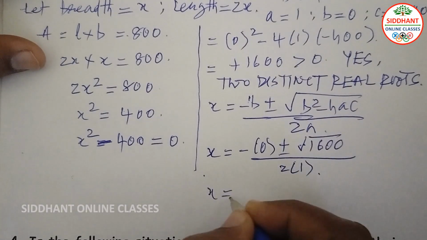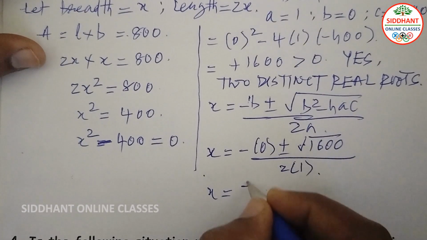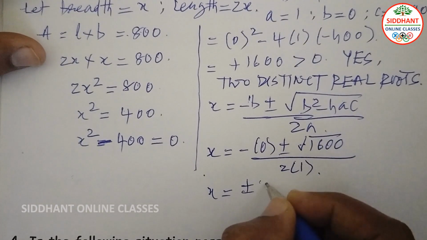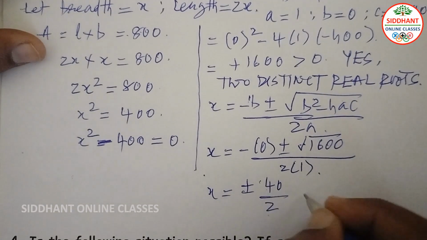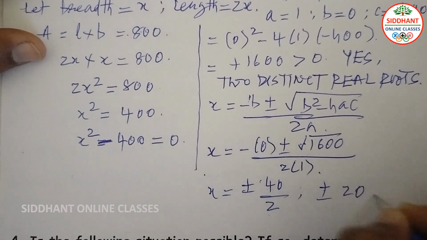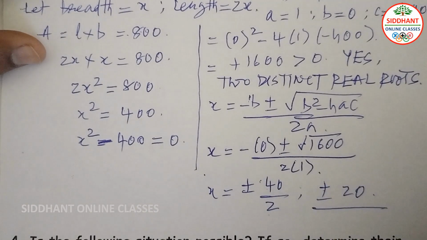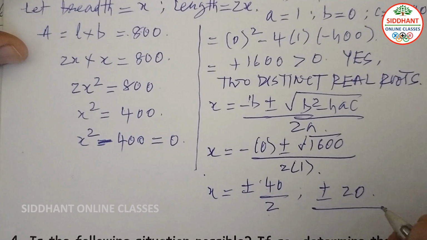So x equal to plus or minus 40 by 2, so that will be plus or minus 20 here. So length is 20, means x is 20.